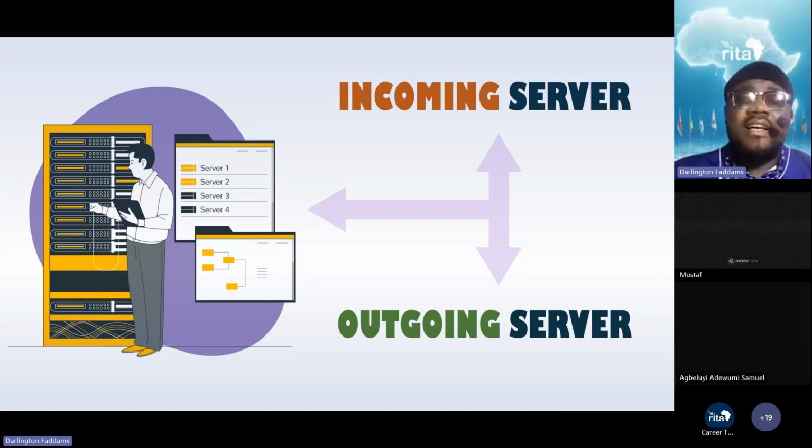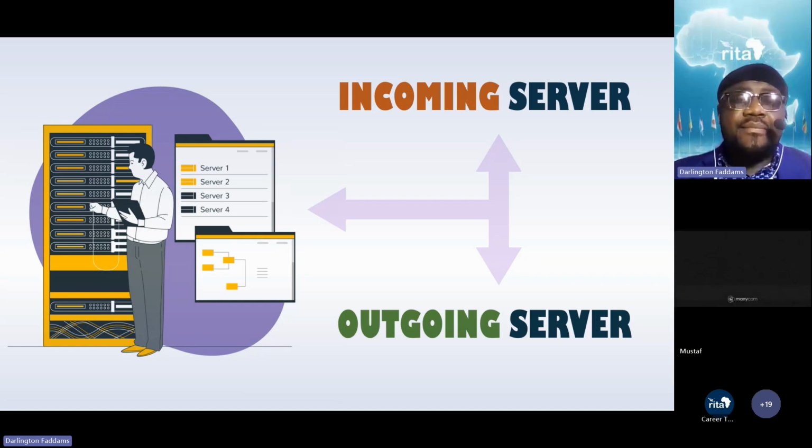Every email server does what we call sending and receiving. Those are the two functions of the email server: sending messages or mails and receiving mails. The section or the function of the server that sends messages is referred to technically as the outgoing server, or you can say the outgoing mail server.